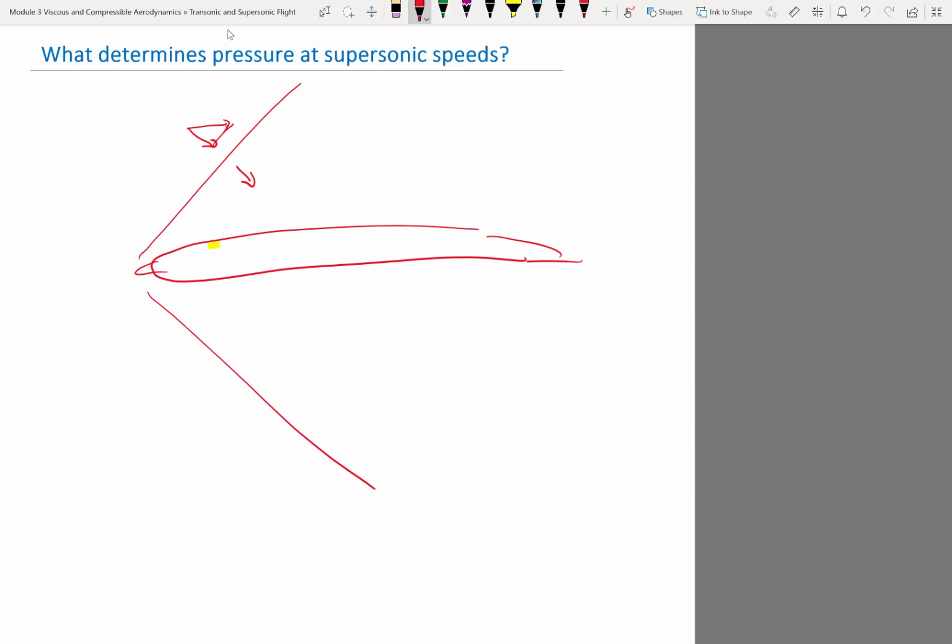Now, let's just imagine the normal component is equal to 1. What does it say about the entire Mach number and this angle? So let's say the angle of the waves is theta. If the normal component is 1, how does that tell you about the relation between M and theta?